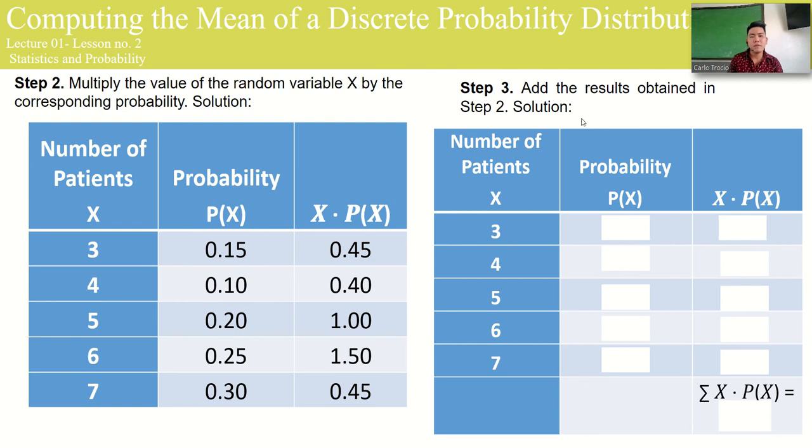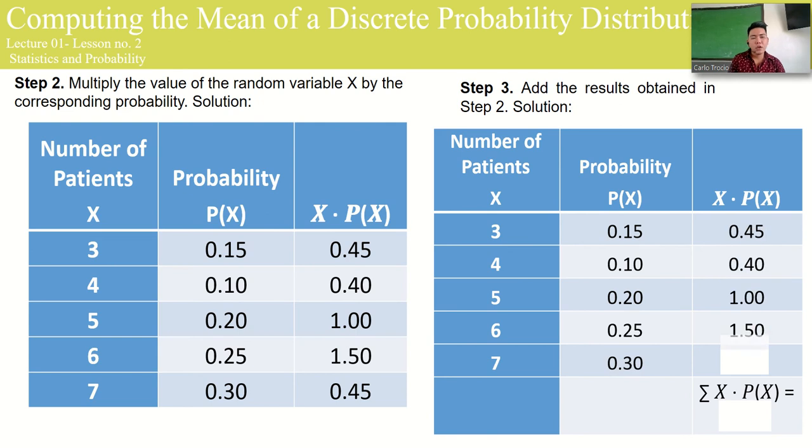Next step, for you to find now the mean, there's no need for you to divide by the total number of variables, since you already found the weight. So you will add all the products of the number of patients multiplied by the probability: 0.45, 0.40, 1, 1.50, 2.10.